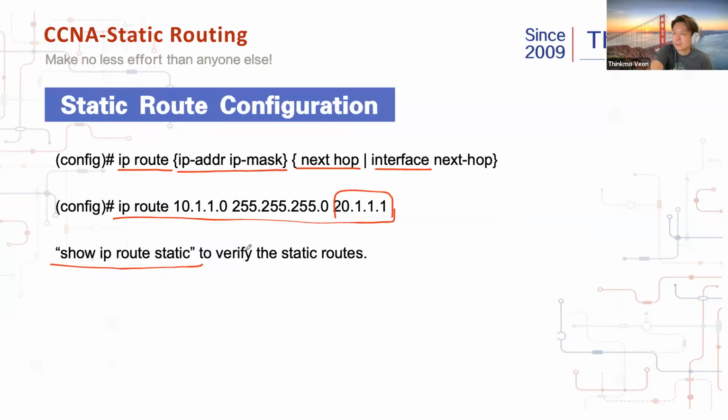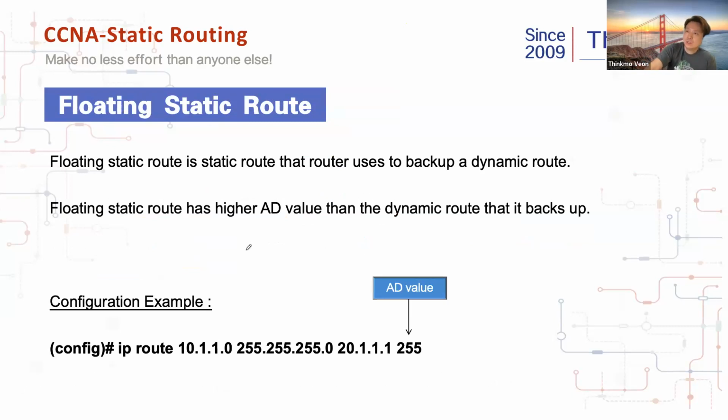Yeah, just now we talked about the static route configuration here. Okay. Next one is floating static route. What does it mean? Floating static route means that you can change the AD value of the static route to make the static route become the backup route for the dynamic routing.